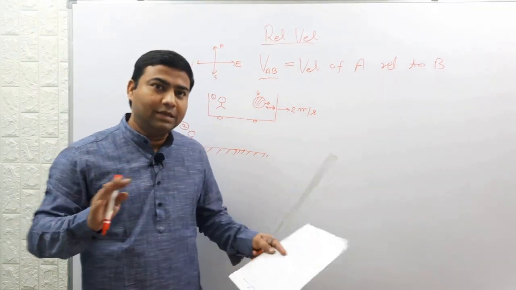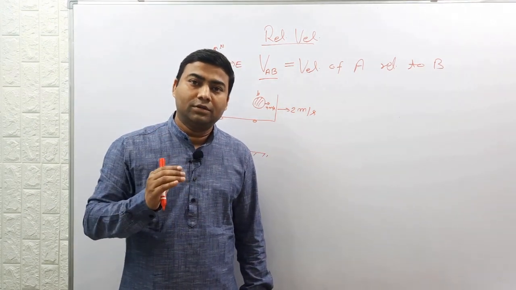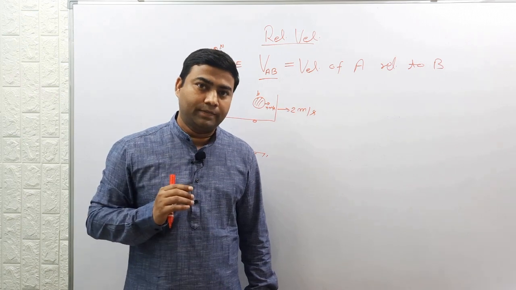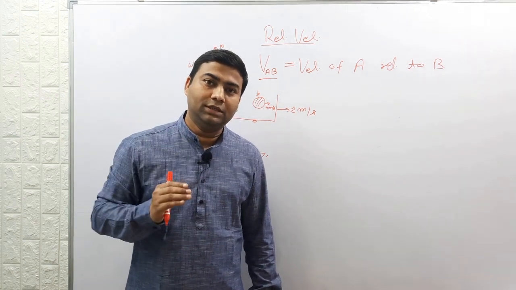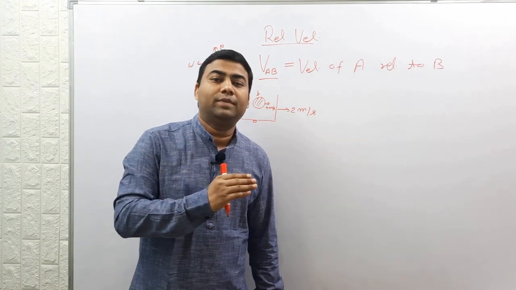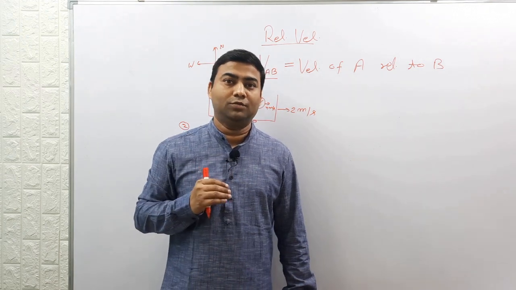In our general observations, the relative velocity of an object is its motion or velocity as observed by the observer, as felt by the observer, as seen by the observer.